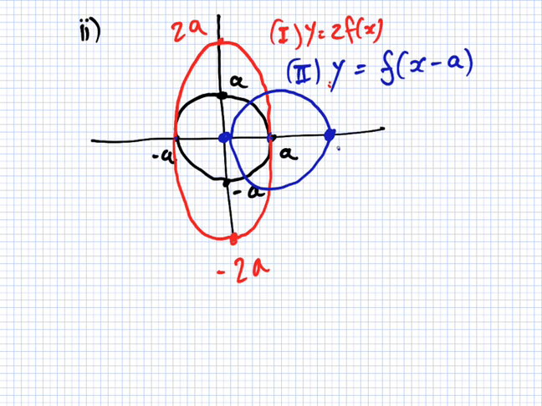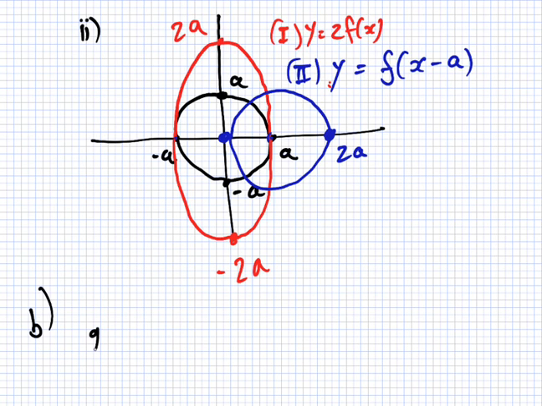And this point is 2a. You just move it to the right. Yeah. Okay. B. Is that it for A? So bad. Not so bad.